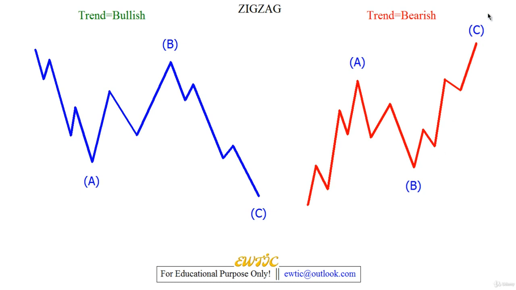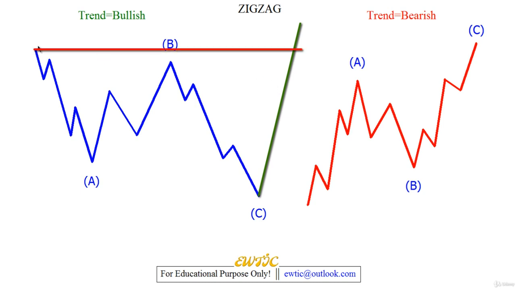If wave C is too long compared to the length of wave A, then probably you are looking at an impulse wave instead of a zigzag. After the completion of the zigzag, we can expect resumption of the previous trend, which is against the direction of the zigzag, and it should go back to at least where the zigzag started.